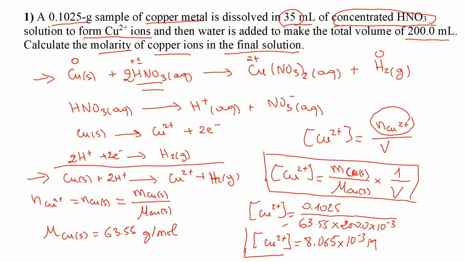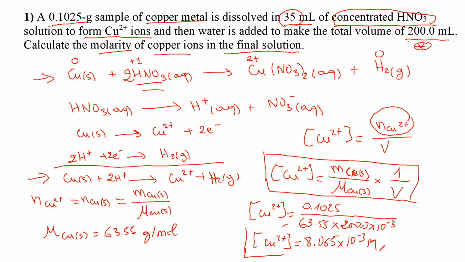And from the balance equation, we know that the number of mole of copper 2 plus is equal to the number of mole of copper that was initially introduced, which is equal to the mass divided by the molar mass. Okay, and the concentration, the definition is the number of mole divided by the volume. So we divide by the volume to get the concentration. Here, never forget that the molar here is mole per liter. So don't forget to convert this volume in liter. Okay, so that's it for problem number 1.